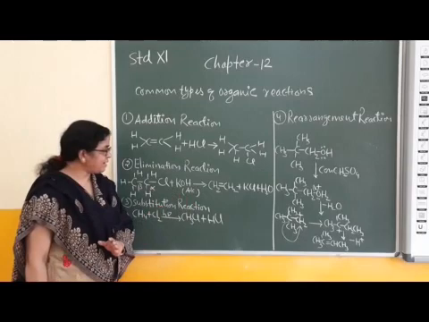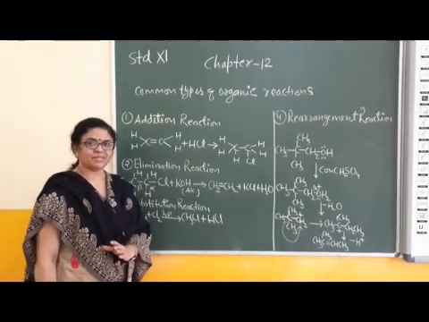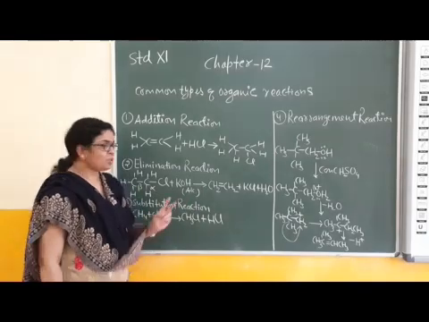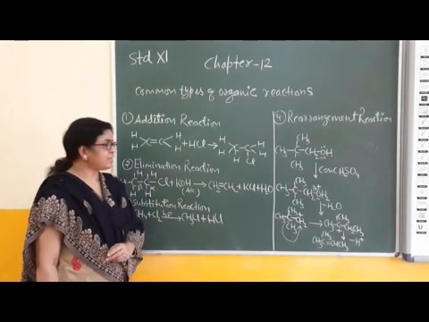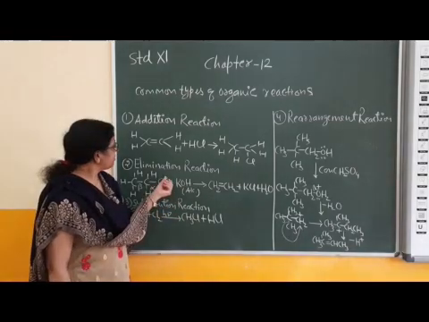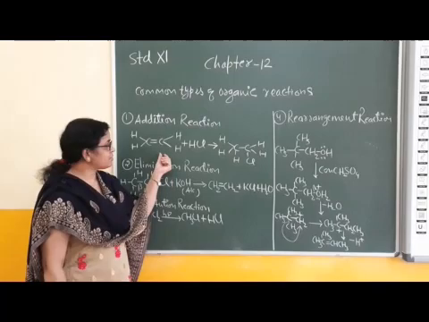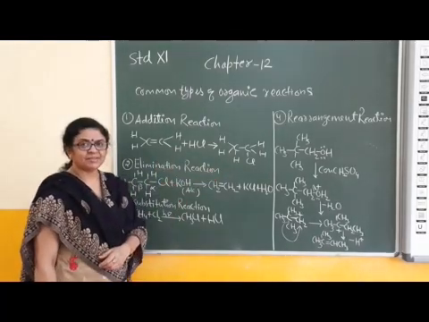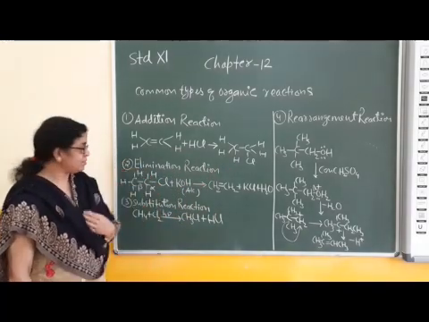The final product of elimination reaction is always alkene, unsaturated, right? 2 steps elimination, then alkyne. Right? Elimination is just opposite of addition. Addition reaction gives saturated product and elimination reaction gives unsaturated product.